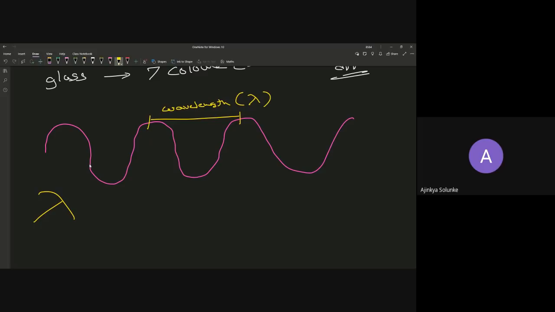So wavelength is the distance between two crests or two troughs. The bottom parts are called troughs, or you can call them valleys. So mountain versus valley, or crest and trough. The distance between two crests or troughs is called wavelength.